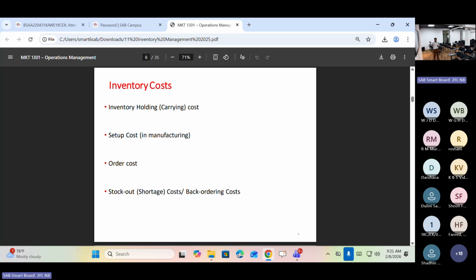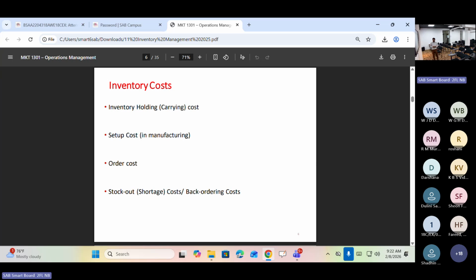So in the manufacturing industry, instead of ordering cost, setup cost is applicable. So those are the two main types of costs: inventory holding cost or carrying cost, and ordering cost or setup cost.